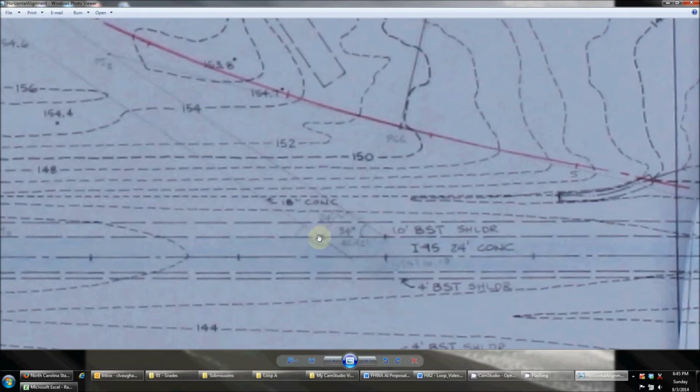So the angle I want to measure, if you drew this line all the way down to the center line, you can measure this angle in here, or what may be easier is if you just measure the opposite of the angle that we measured for ramp A. We measured this inside acute angle for ramp A, so since these are parallel lines and this line is straight, this angle should be equal to 34 degrees.